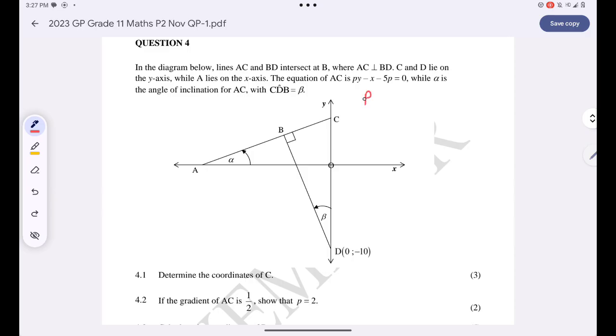Our equation is just py being equal to x plus 5p. If I divide every term by p, I'll simply have y is equal to 1 over p multiplied by x plus 5. So now I know that C is the y-intercept, right?